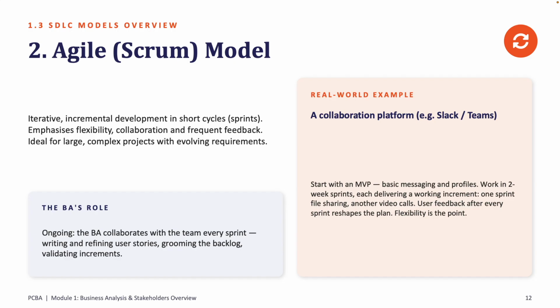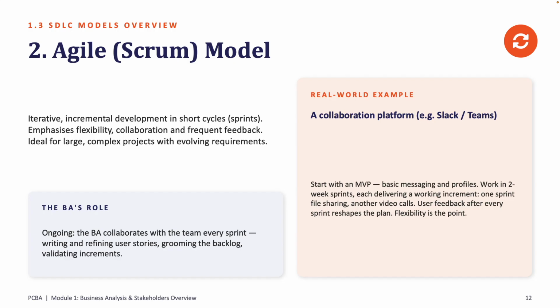An example is collaborating platforms, e.g. Slack and Teams. I hope you've interacted with Teams and you see how seamless it is, and also Slack. So these are perfect examples of the agile model. So start with an MVP, which is a minimum viable product, basic messaging and profiles. Work in 2 week sprints, each delivering a working increment.